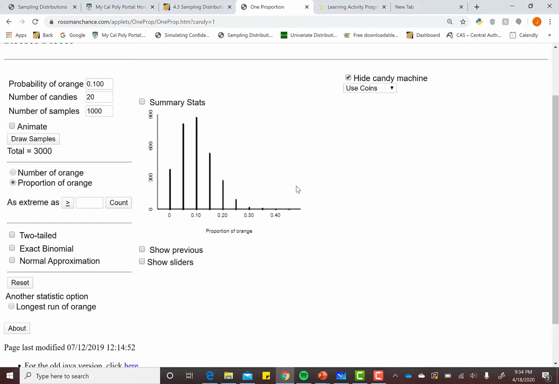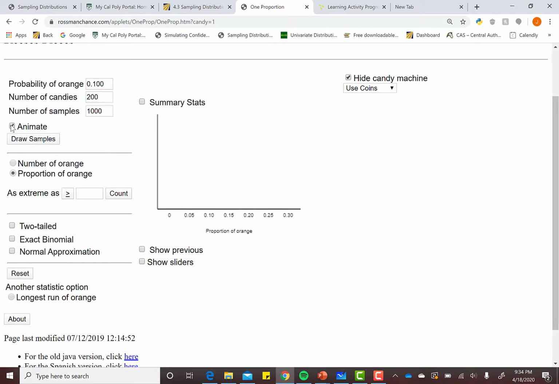The closer your probability is to 0.5, the more room you have to your right and to your left, the better it will follow a normal distribution. Something we need to keep in mind, though, is that the more observations we have, the smaller our spread becomes. So imagine now instead we sampled 200 candies.